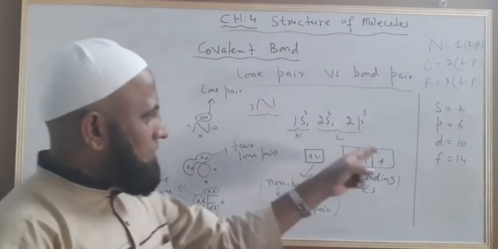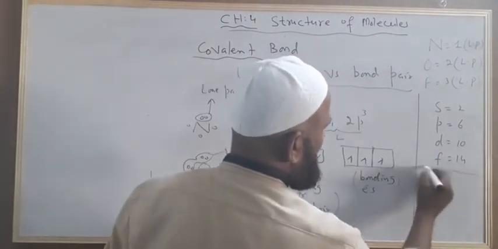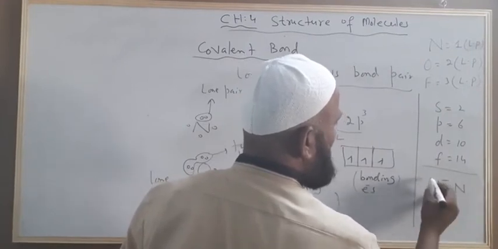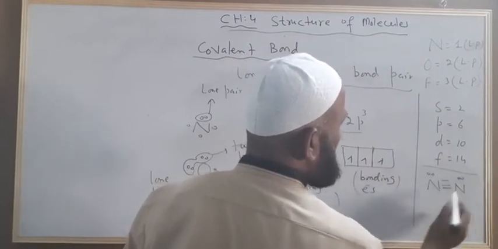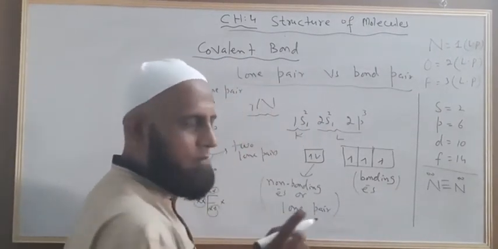Now for the bond pair, if I draw the structure of nitrogen, you can see how many bond pairs there are. For one covalent bond we will have one bond pair.